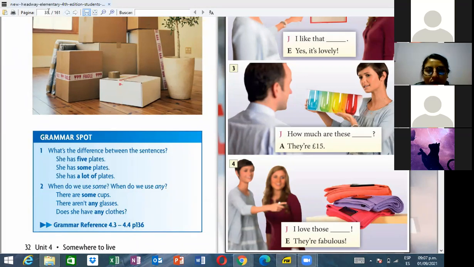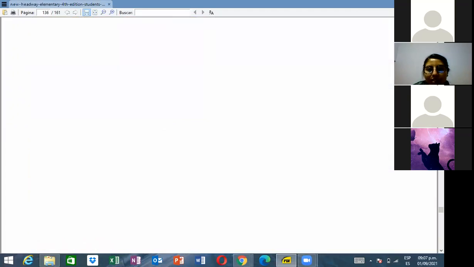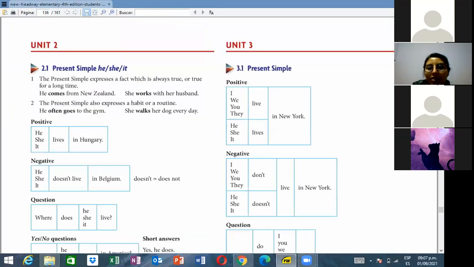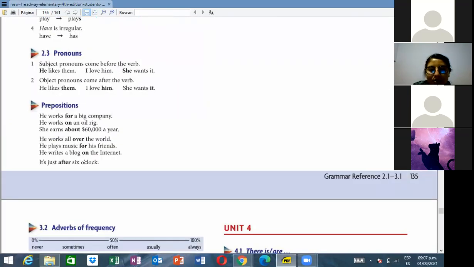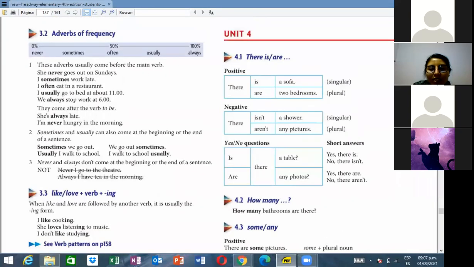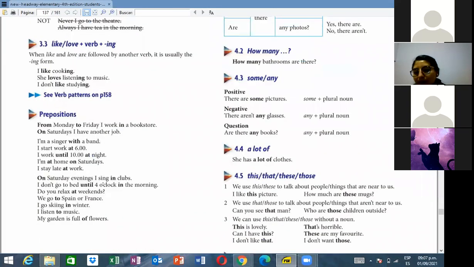Let's go to page 136. Let's check. The grammar part is very, very important, so try to check, okay? Some and any. Let's read some rules about them. Positive sentence. We use some, yes. There are some pictures, okay? And here we have a rule.